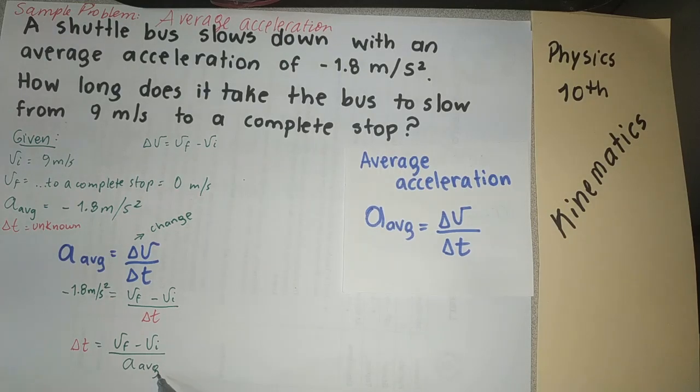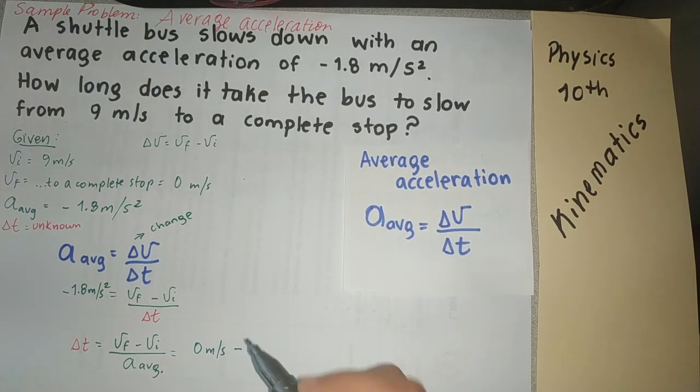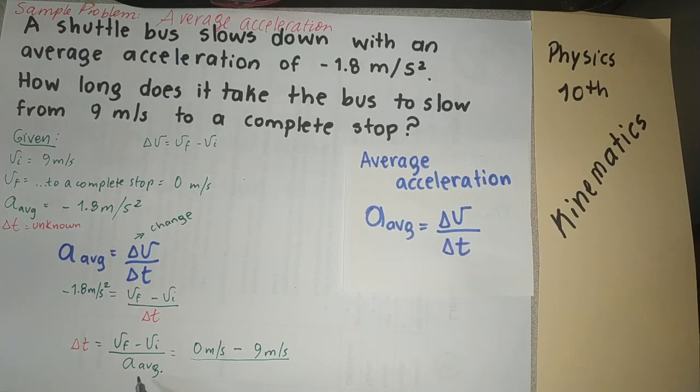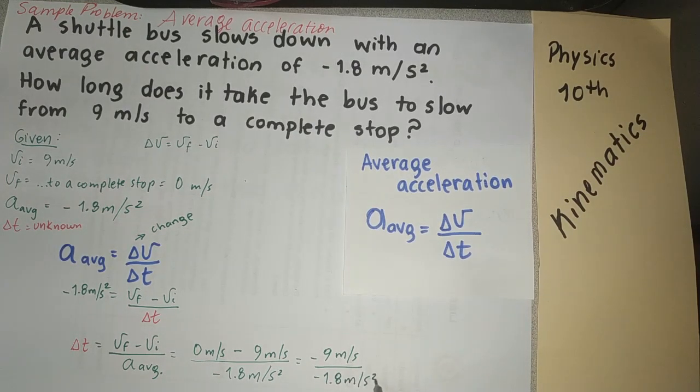This is the equation already isolated for time. Now, final velocity is 0 meters per second minus initial velocity, 9 meters per second, all this divided by average acceleration, which is negative 1.8 meters per second squared. 0 minus 9 is negative 9 meters per second divided by negative 1.8 meters per second squared.